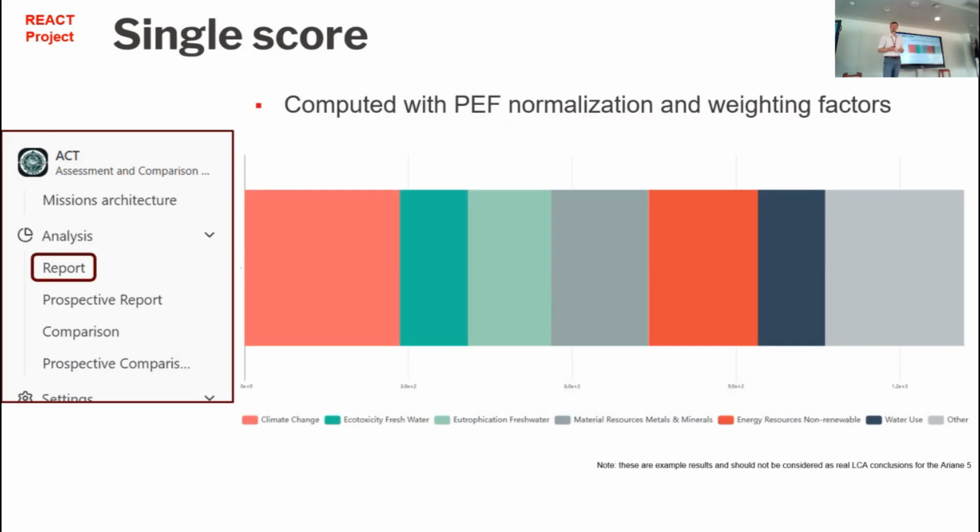Single score formula to aggregate all the impacts into one value. So we use the PEF equations with normalizing and weighting the different indicators to put them on one plot together, and you can identify which ones are more relevant.